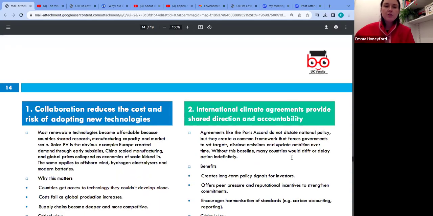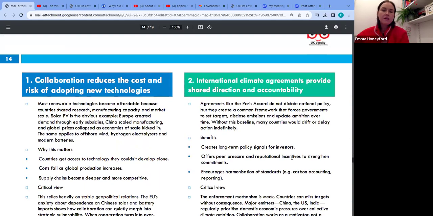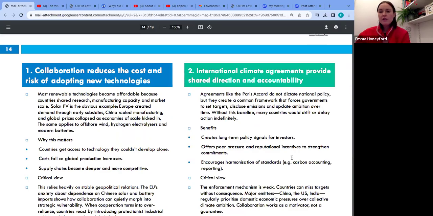Collaboration reduces the cost and risk of adopting new technologies. Sharing technology and best practice amongst countries will save on cost, and it's better for the planet if we share information and intelligence. Most renewable energies become affordable when countries share research, manufacturing capacity and market scale.